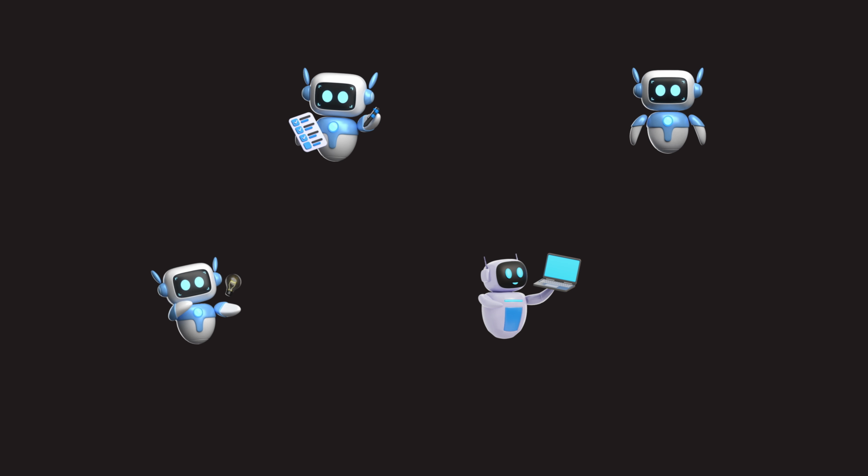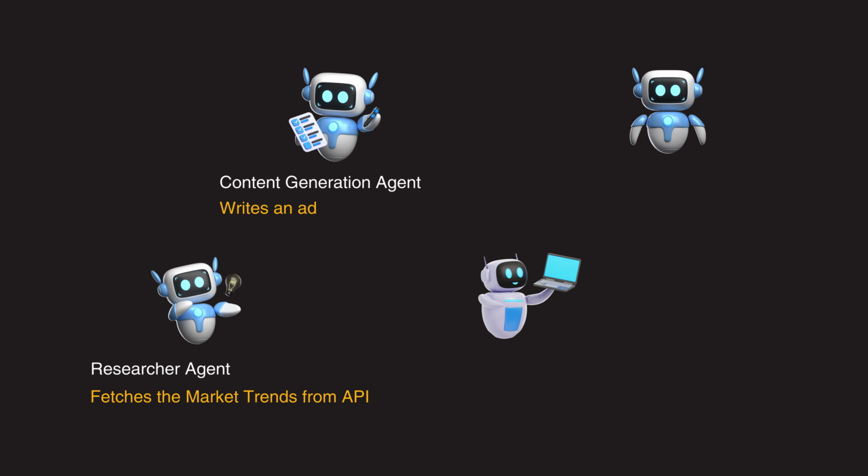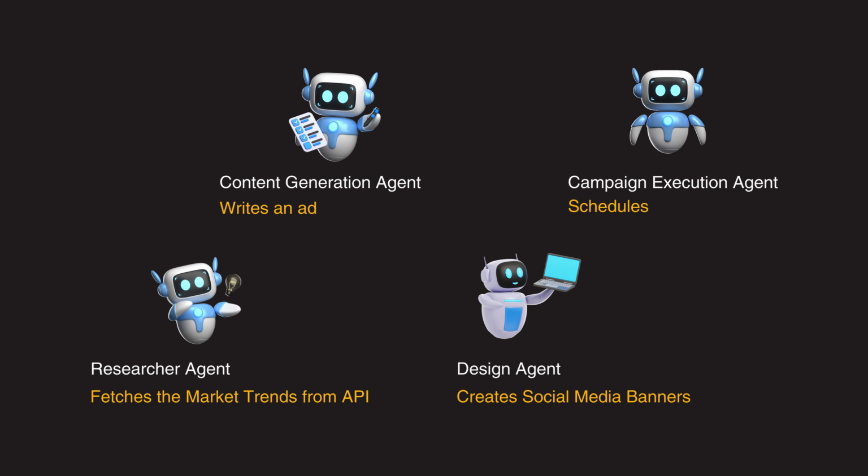Firstly, we need a researcher agent which will fetch market trends from APIs. Secondly, a content generation agent, which would write the ad copy. Thirdly, a design agent that would create social media banners. And lastly, a campaign execution agent, which schedules the ads online.